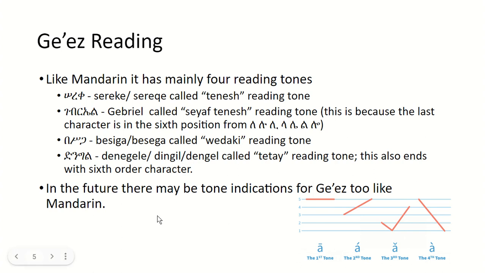So there are 4 tones, and in the script, unless we already know, there is no indication of whether a word is in this tone or this one. It needs to be studied manually, if someone tells us how to read each word.